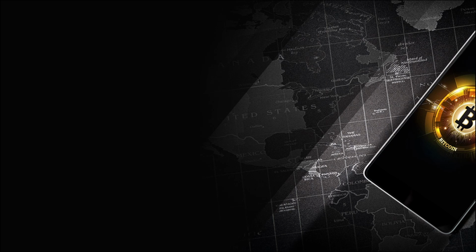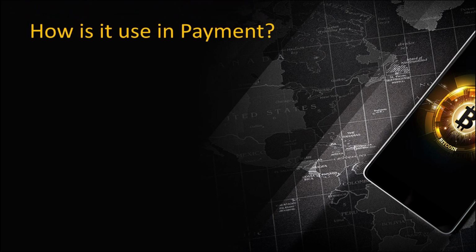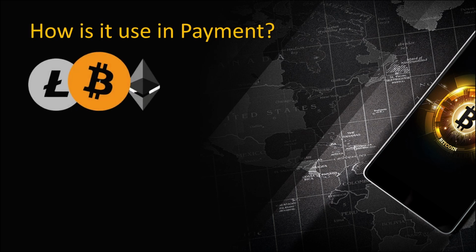So the question is, how is it used in payment? Blockchain technology is the foundation of many cryptocurrencies, just like what I've said earlier, Bitcoin, Ethereum, etc., which can be used for digital payments. Transactions are recorded on a public blockchain, and users can send and receive digital currency using a digital wallet.